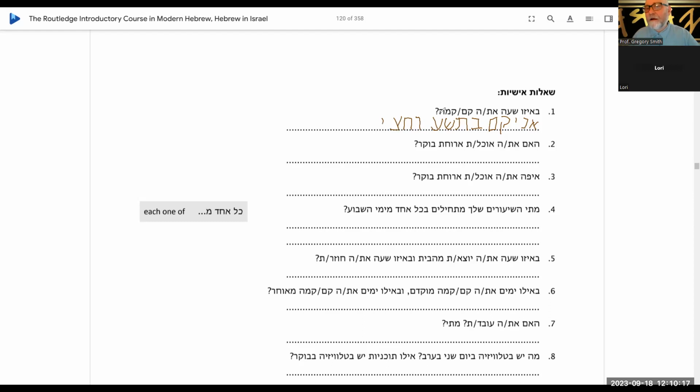Okay, so Ani kam, Batesha, Bahatzi. So that's a perfectly reasonable answer to Ba'ezo Sha'a Ata Kam. So at what hour do you arise? I put Ani kam, Batesha, Bahatzi, and then I could put Baboker. There, that's perfectly reasonable to put in there.